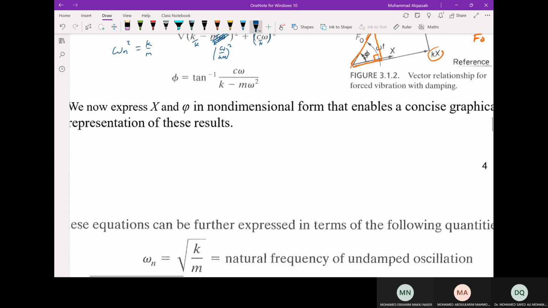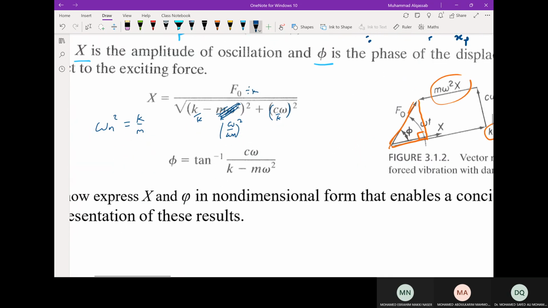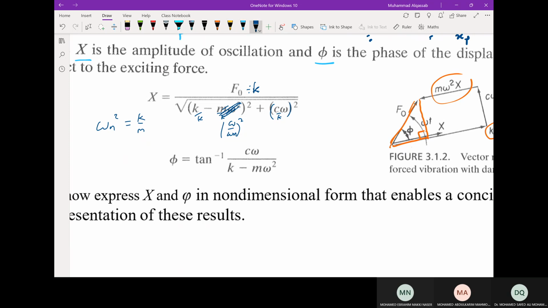Okay, we can divide, this is F naught over K. F naught is Newton, K is Newton per meter, so the unit for F naught over K is the unit of length.